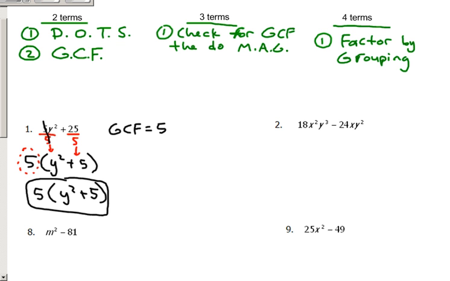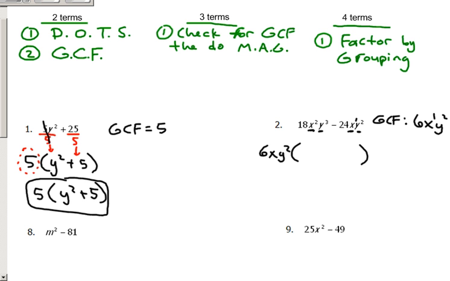So it's GCF again. I like to always write GCF off to the right so we know what we're dividing by. The biggest number that goes into both 18 and 24 is 6. When we're dealing with variables, we always take the smaller exponents. So x to the first, and then y to the third and y to the second, so y to the second. Right now I know 6xy squared is going to go outside my parentheses.